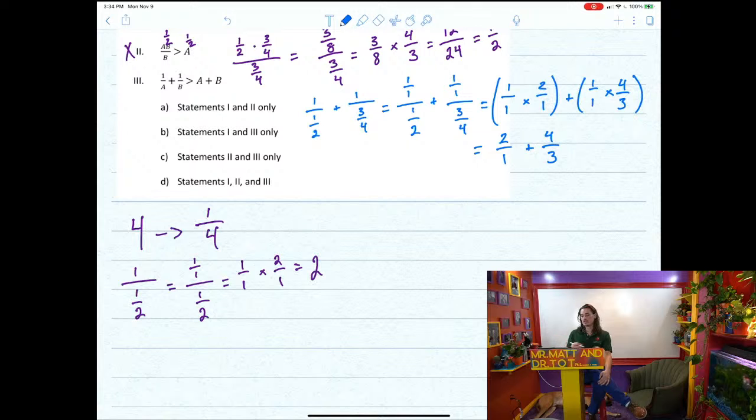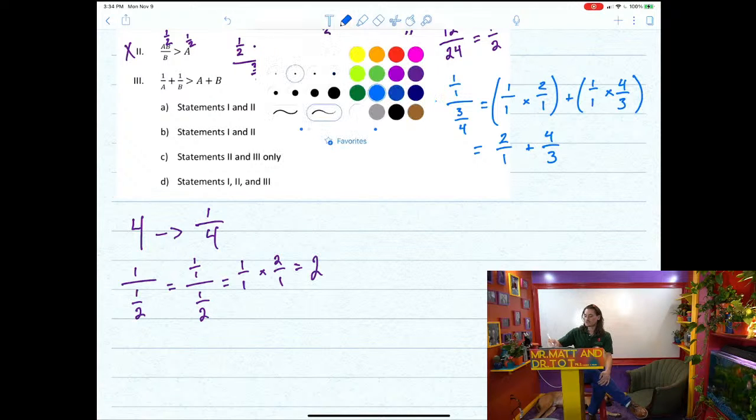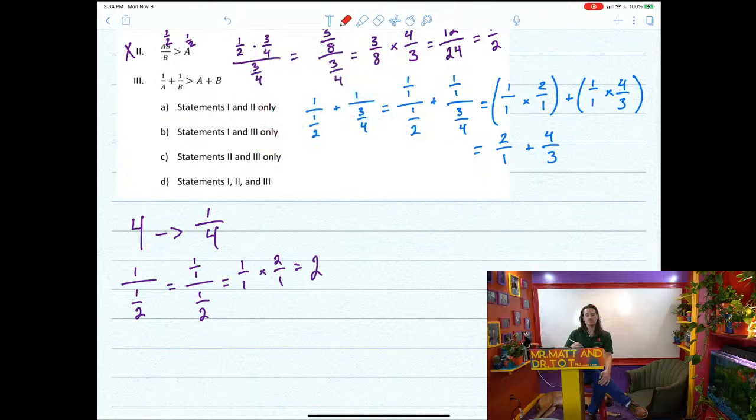So this is already greater than 2. But just to remind you about how to deal with fractions, we need common denominators here. Remember, we went through the operations with radicals, and we remembered the rules with radicals by remembering our rules of fractions. In order to add or subtract fractions, we need common denominators.